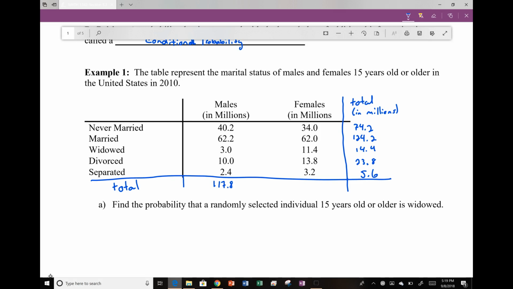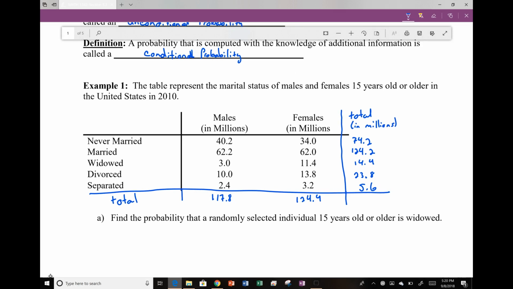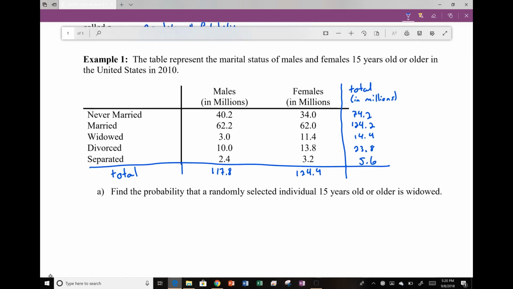I've added all of these up. And there are a total of 124.4 females that were surveyed in this particular item. If I add the males with the females, this column should equal this row of 242.2 million people 15 years or older.